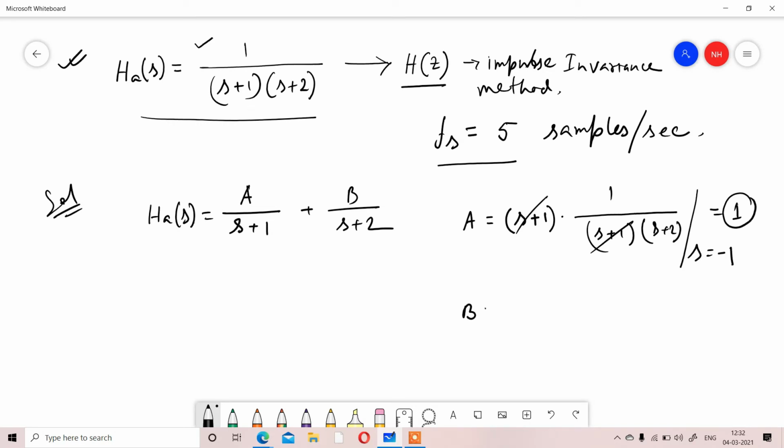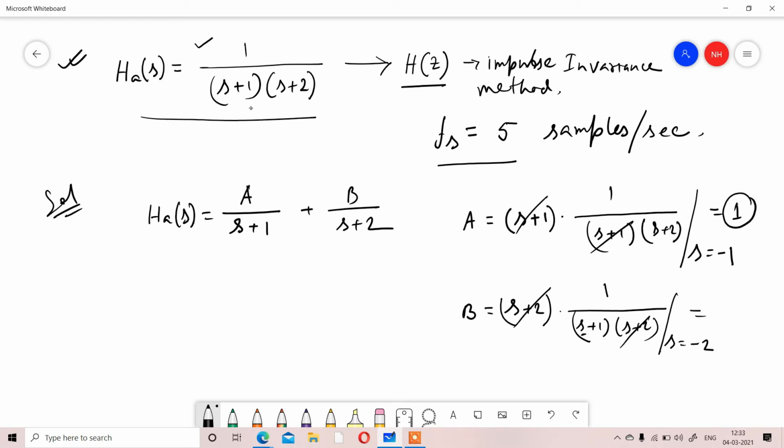Similarly, the value of b will be s plus 2 multiplied by Hs, that is 1 by s plus 1, s plus 2, for s equal to minus 2. So in that case, s plus 2 will be cancelled out. If we replace s equal to minus 2, minus 2 plus 1 will be minus 1.